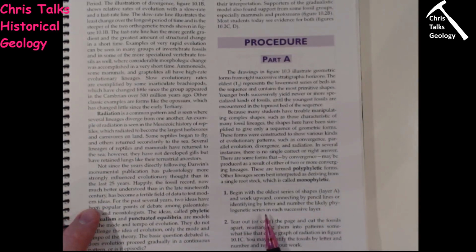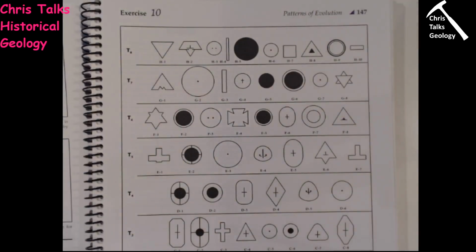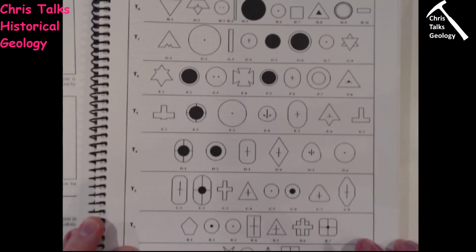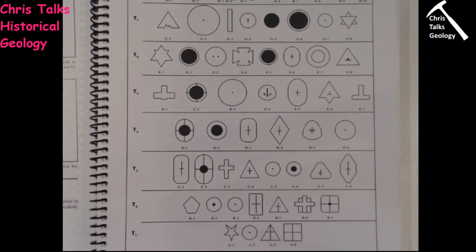We're going to work upwards, connecting by pencil lines or identifying by letter and number the likely phylogenetic series in each successive layer. So all we're trying to do is link together fossils from one layer to the next by looking for similarities.